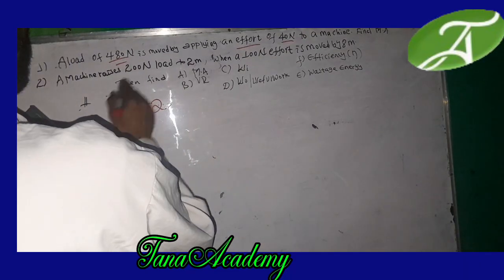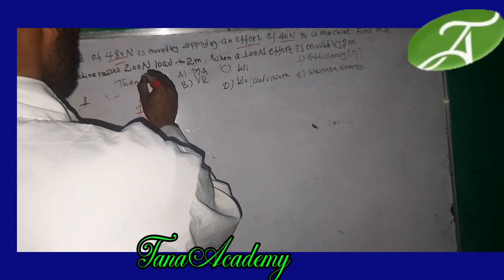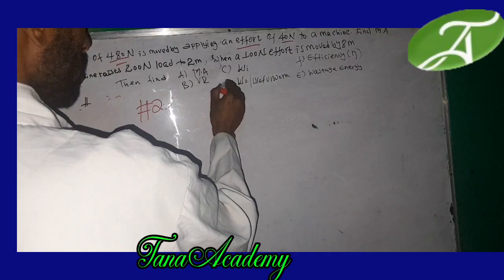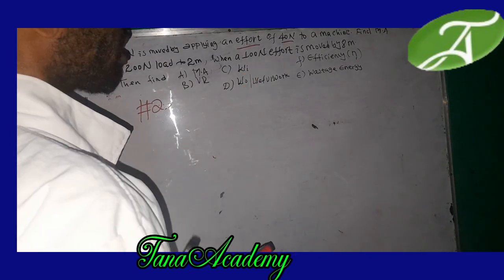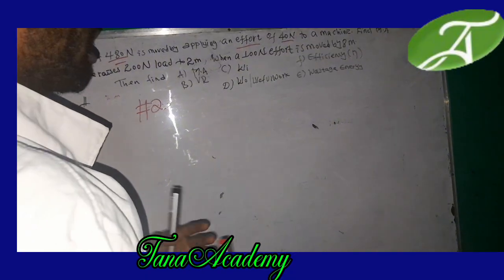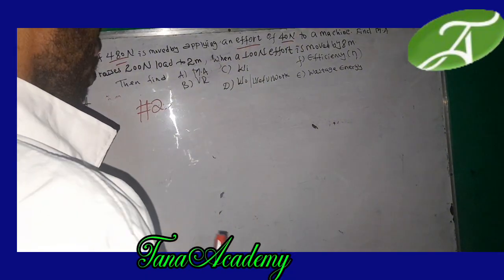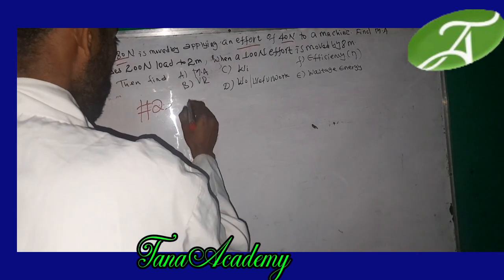Solution to question number 2. A machine raises a load of 200 Newton to 2 meter. Find, when a 100 Newton effort force is applied on the machine and moved by 8 meter. First one, find mechanical advantage.